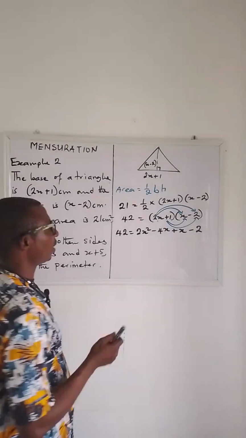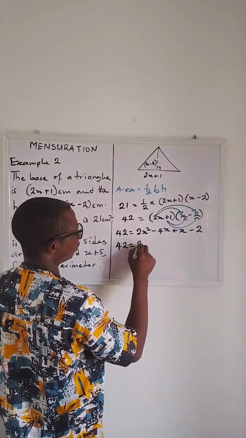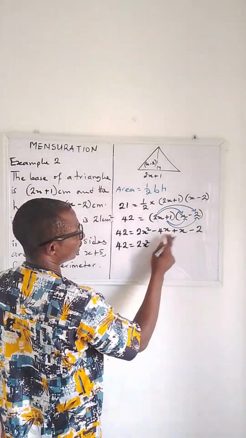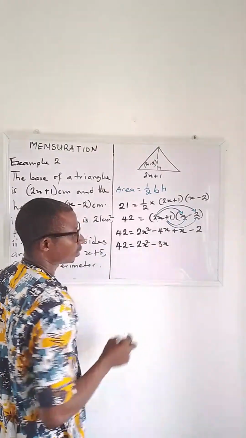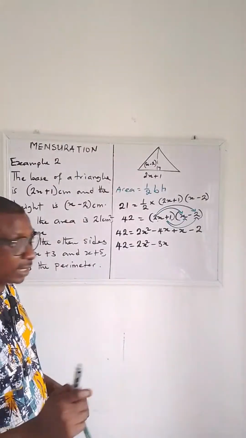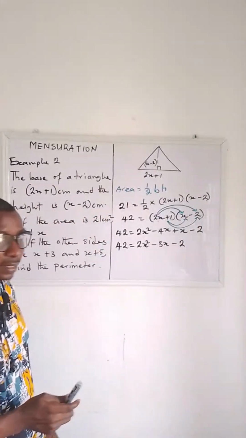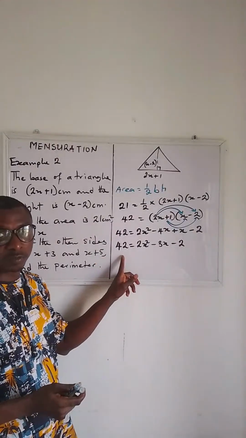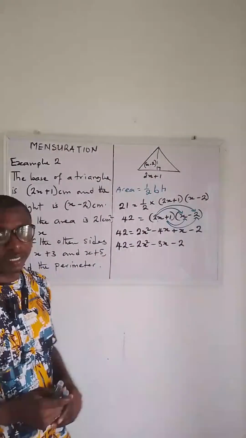All right, so now let's try and tidy up what we have here. We have 2x squared. Now look at this and this. Negative 4x plus 1x gives you negative 3x. So we have negative 2. Now let us transpose 42. So 42 comes here, becomes negative 42.